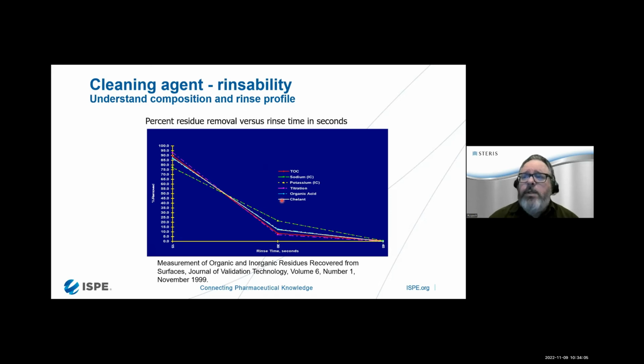Multiple methods are used to look at the different components, and you're understanding the rinse rate of those components as a function of the analytical testing. All the components rinse at pretty similar rates, so a number of different methods could be used to demonstrate that in this case, this cleaning agent has been rinsed from the surface.